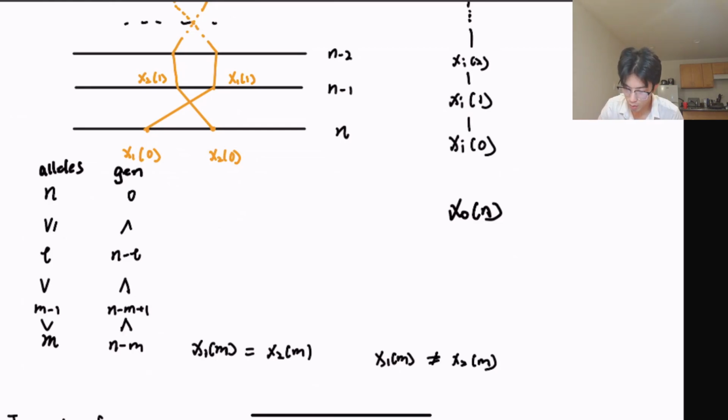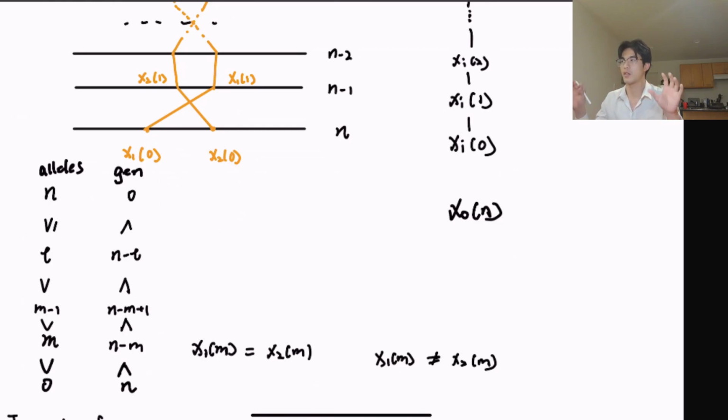Okay, so let's say at some generation m, where m is greater than 0, what happens if x1m equals x2m? Remember, x1 and x2 are two different alleles, or two alleles that are indexed differently.